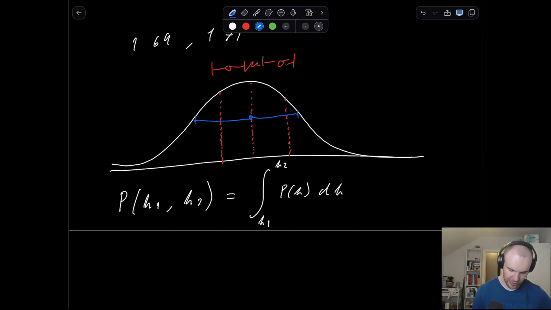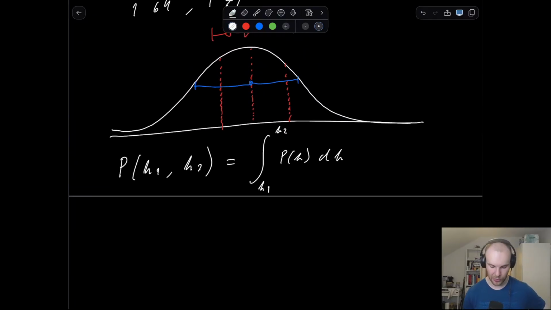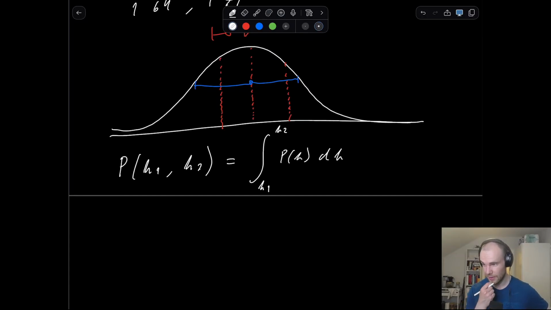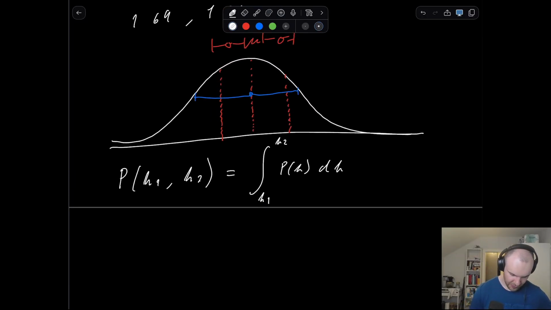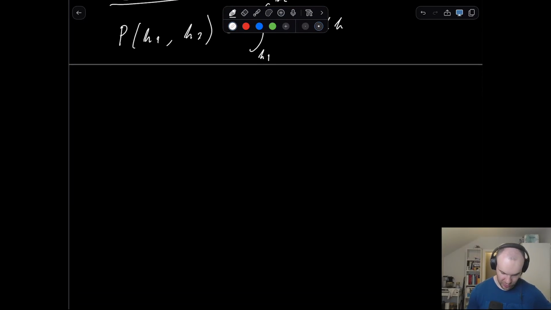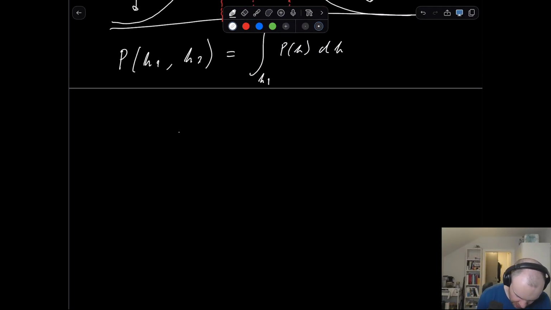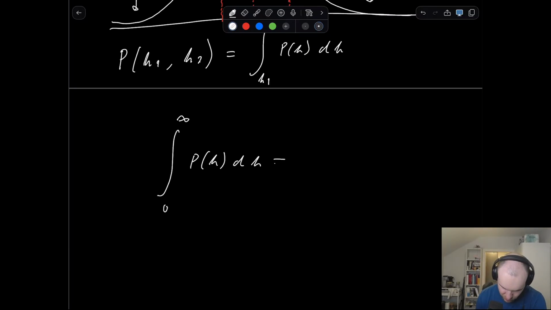And we are now actually going to find out why this follows a Gaussian distribution, a normal distribution, but not completely. And here's the reason why. Let's say that this was something like 140 and this here was something like 2 meters. If I chose h1 to be 0 and went to infinity and did that same integral, you of course see that the probability should be 1.